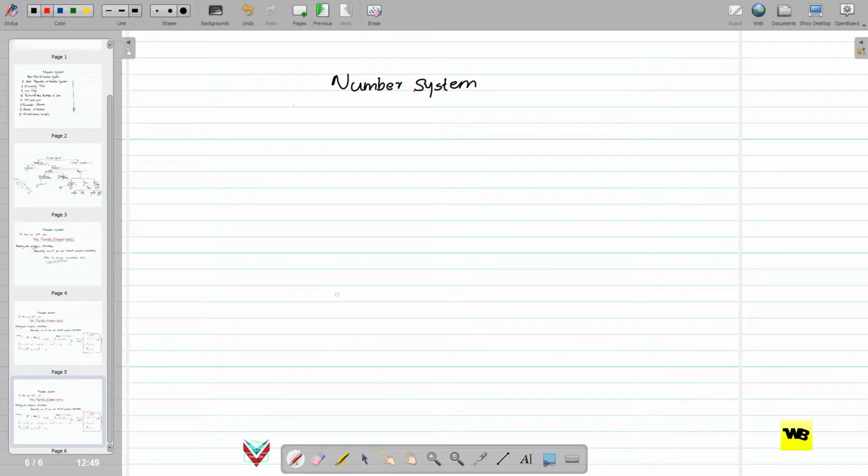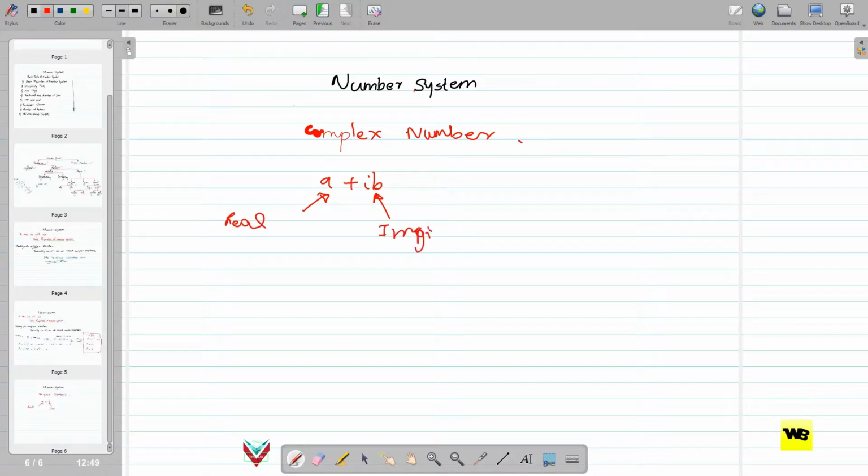Now what are complex numbers? Complex numbers are basically of the form a plus ib, where a and b are the real and imaginary parts. Here a equals the real part and b equals the imaginary part.